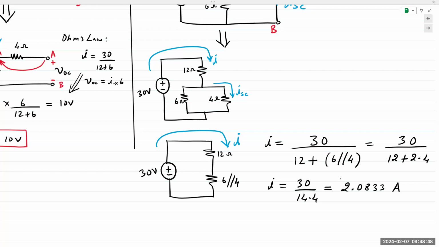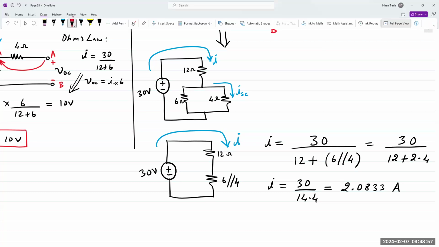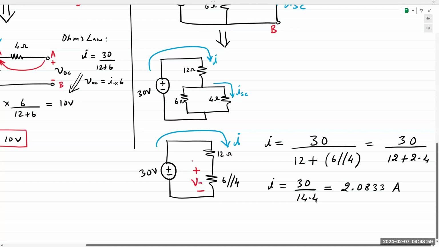I could find the voltage directly. If I wanted to find the voltage, I simply apply voltage division, and I can do this. I can find the voltage across this parallel combination. I'll call it VZ.